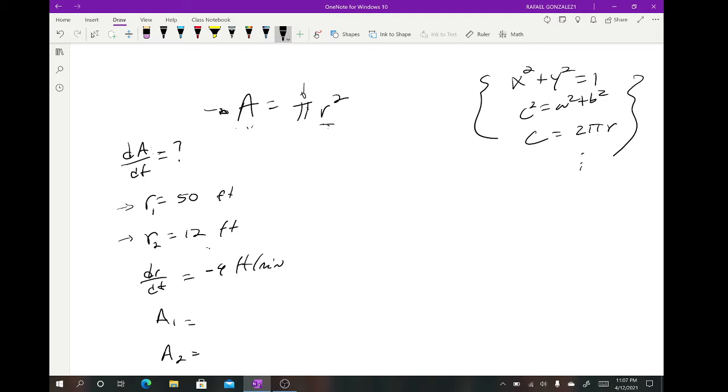So area equals pi, and I'm going to do R1 first, so that's 50 squared. 50 times 50 is equal to 2500. So the area when R is 50 is 2500 pi. And now if you look for the area when the radius is 12, we have 144 pi.